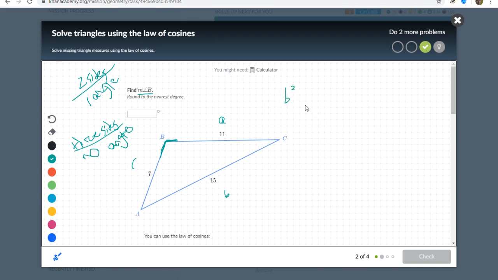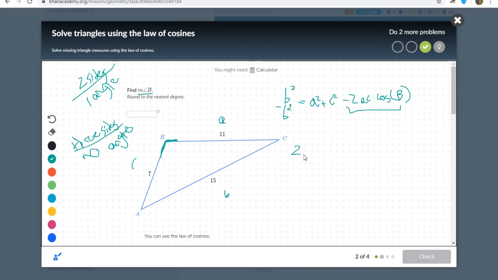So b squared equals a squared plus c squared minus 2 times a times c times the cosine of big B. That's our angle, so big B. We have to rewrite this. We can't exactly keep it like this. So what we want to do is add this whole piece over to the other side and subtract this to the other side.